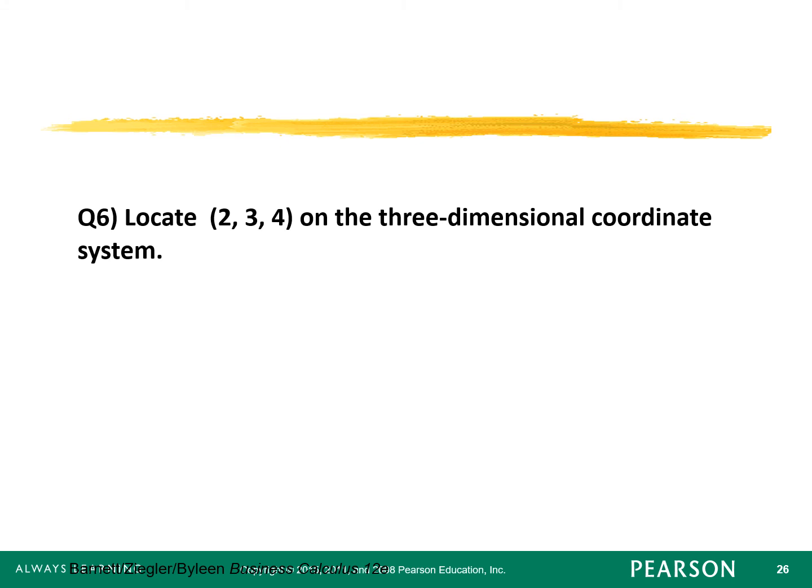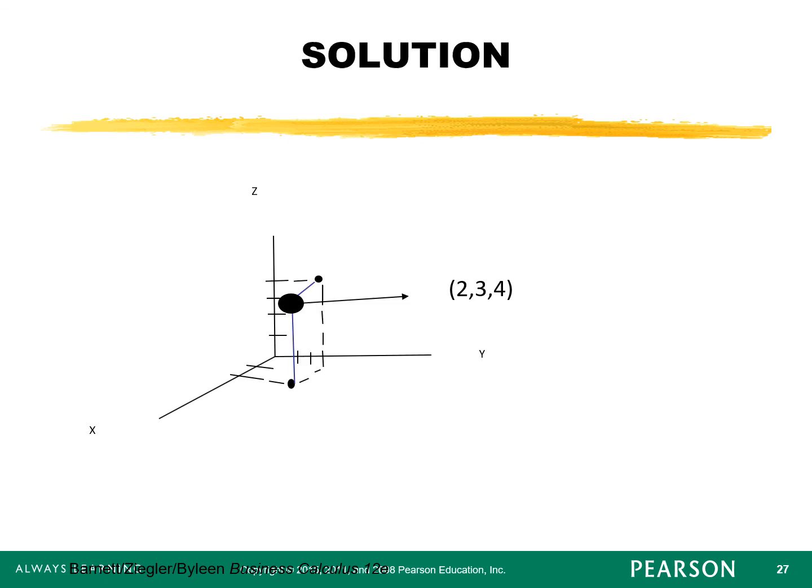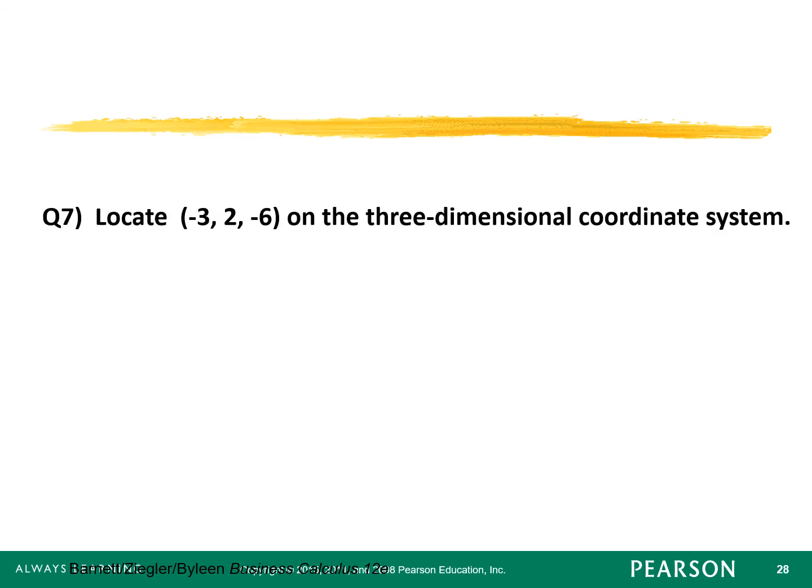Now we are going to locate (2,3,4) on the 3-dimensional coordinate system. We are going to draw these points and intersect them, and the answer will be like that. The other question is the same as the previous question, but the numbers are different. We are going to locate (-3,2,-6) on the 3-dimensional coordinate system.